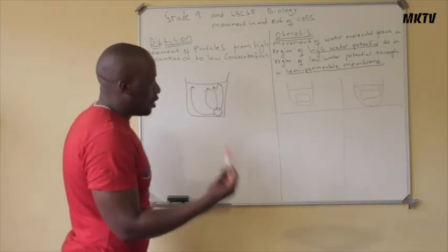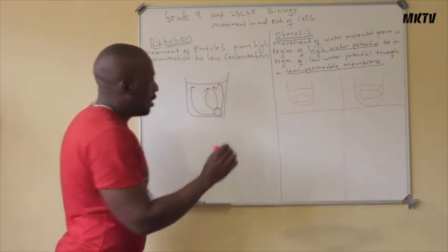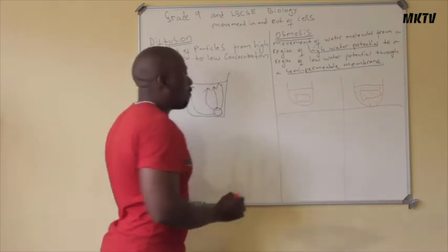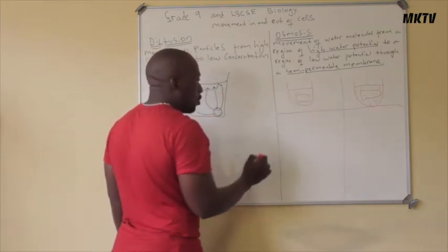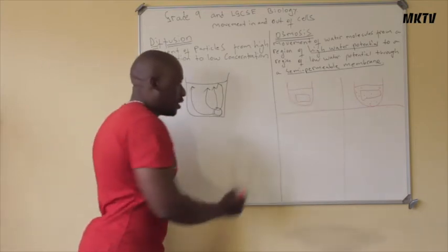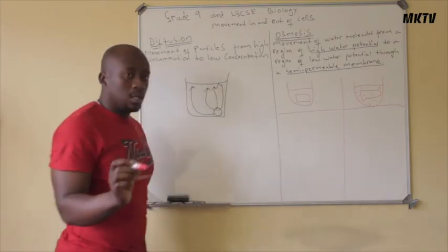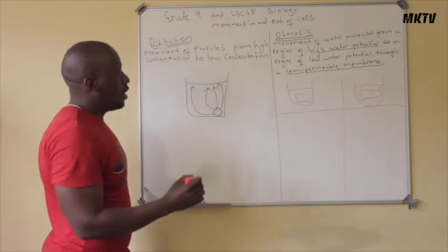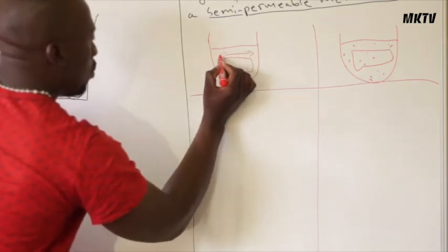After peeling the potato or after cutting them like this, you take a scale and find the mass of those potatoes. You also take a ruler and measure the length of the potato.